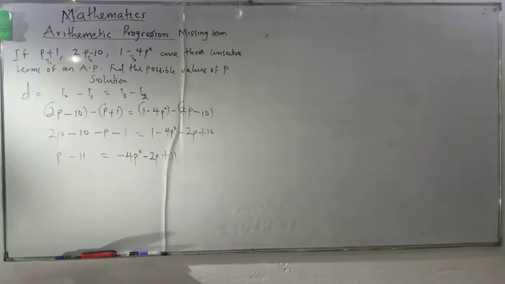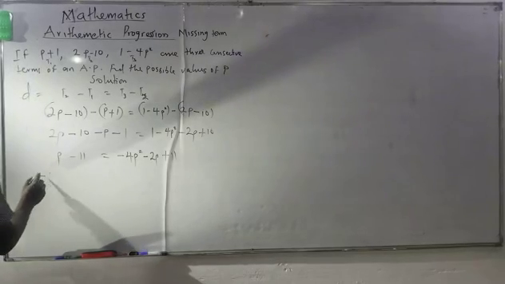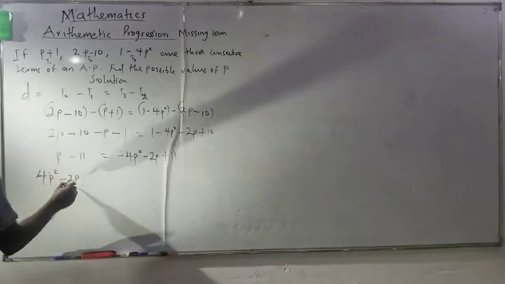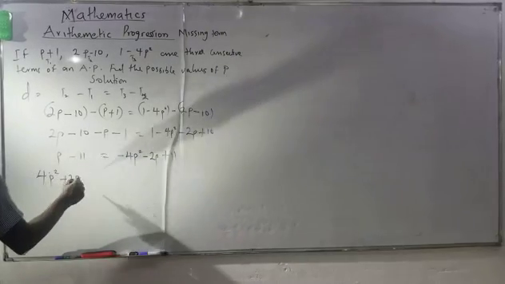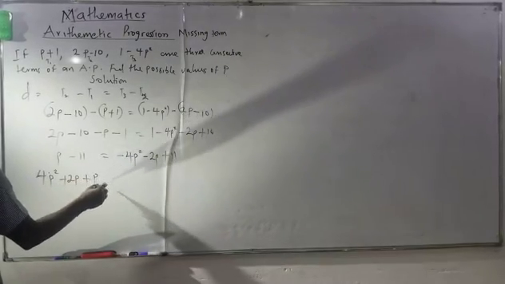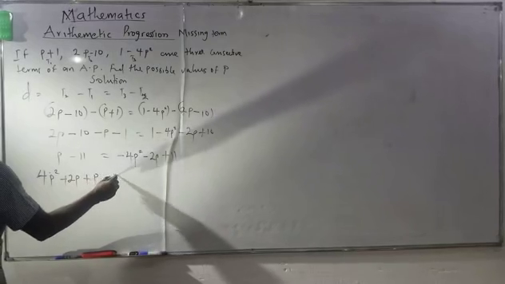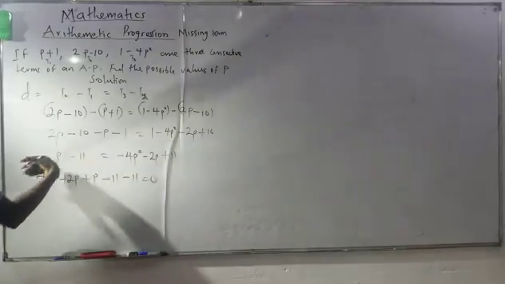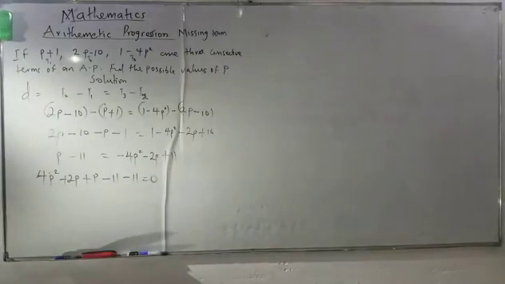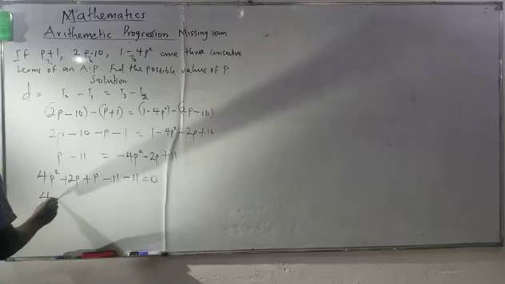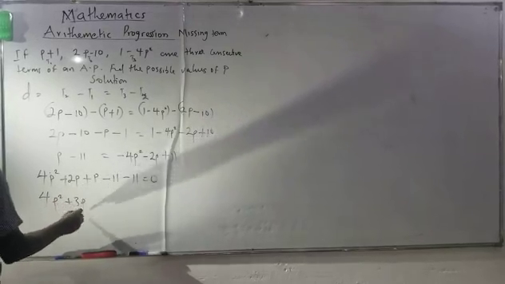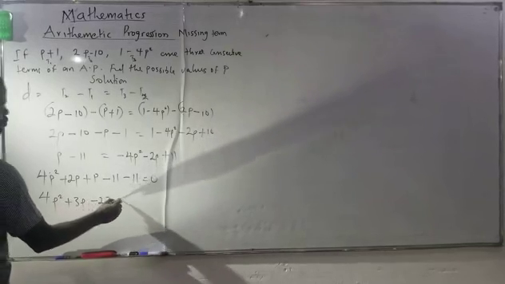By implication, this will be 4P squared minus 2P, plus 2P is coming, plus P minus 11 equals 0. By subtracting both sides, all these things are elementary mathematics. Now, 4P squared plus 3P minus 22 equals 0.